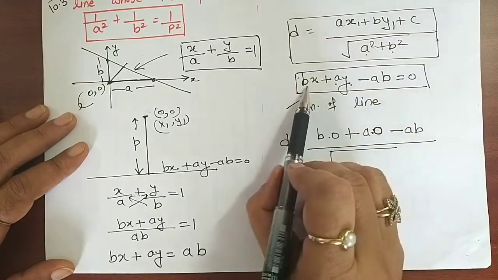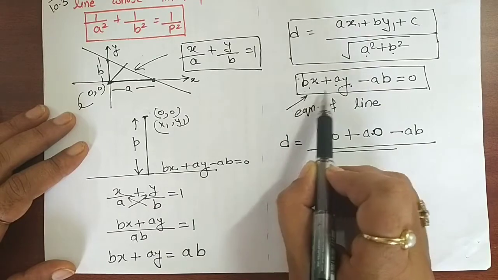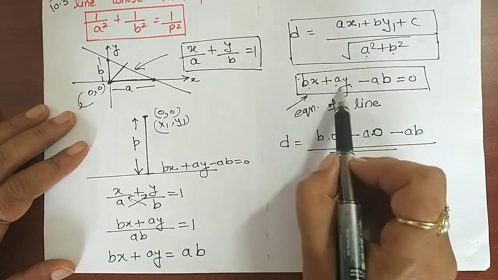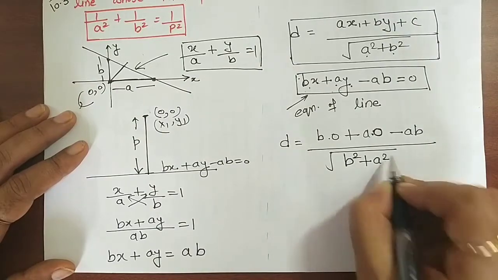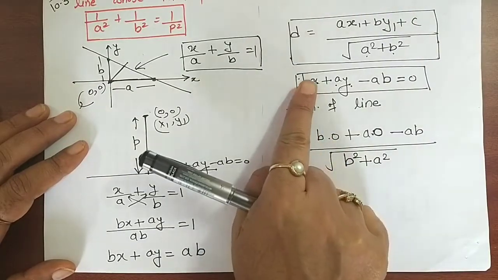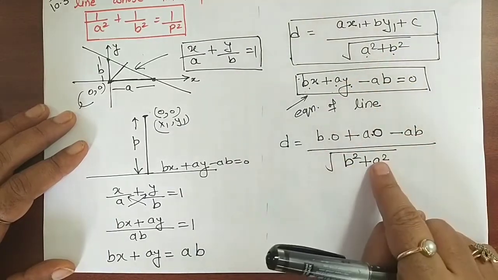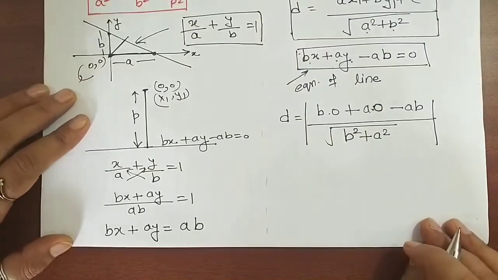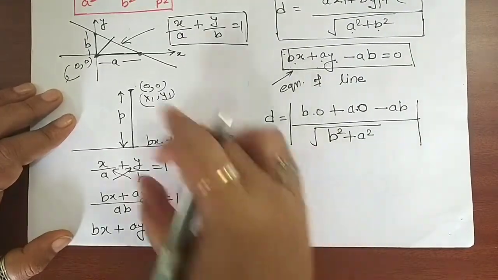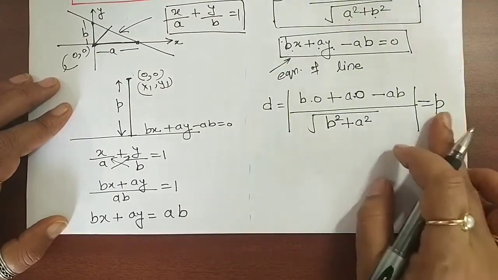So A square and B square are actually coefficients of X and Y. So here coefficients are B and A, not AB. They are B and A. So I will take B square plus A square. Correct? Coefficient of X is, instead of A, I am taking B. And B is nothing but A. Okay? And mod. Don't forget that. Okay? What they have given is that this distance is nothing but P. Let me write it down, P.